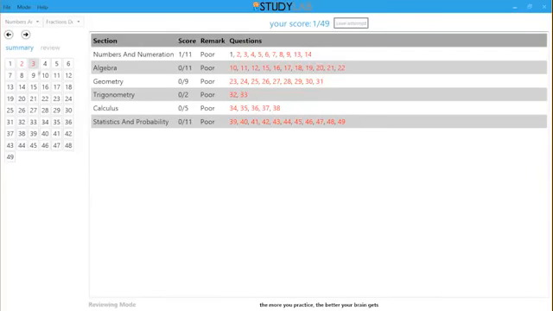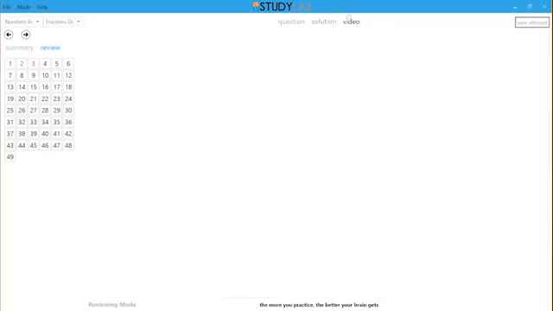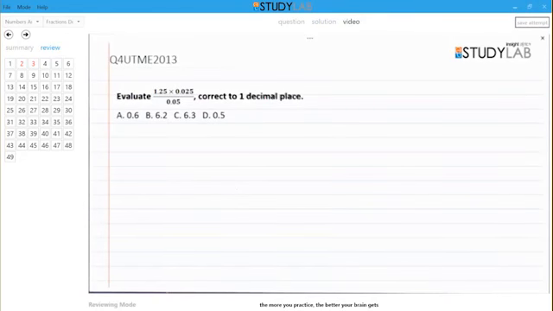The student could now go to any of the questions and easily see what the right answer is, see the solution, and then see the video. It says evaluate 1.25 times 0.025 all over 0.05 correct to one decimal place.